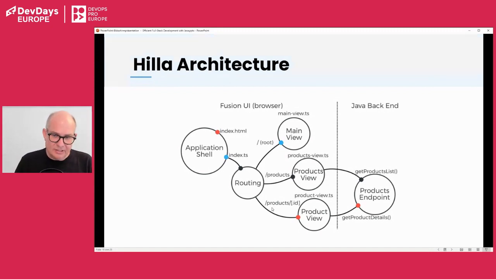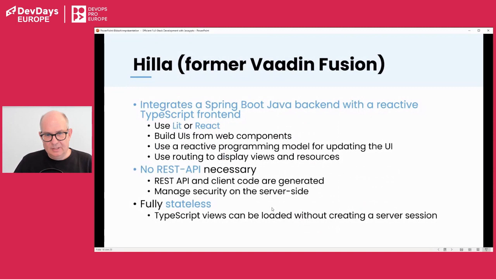So you also don't have to create a front end build. This is all integrated in the Hilla Maven or Gradle build, and you just have to use that. So this comes in very handy because you don't have to care about two completely different build types. So the npm build and the Maven build, you just use the Maven build, and the client build will be hidden inside the Maven plugin in that case.